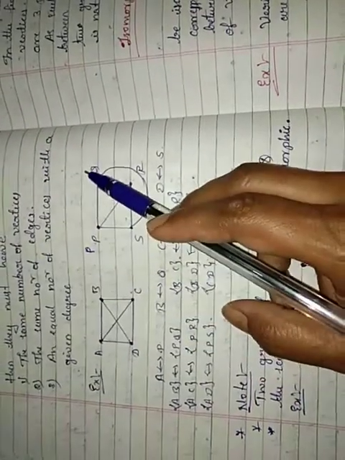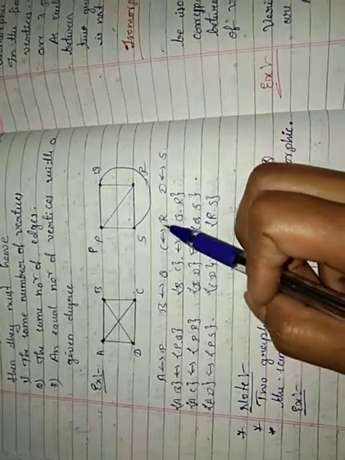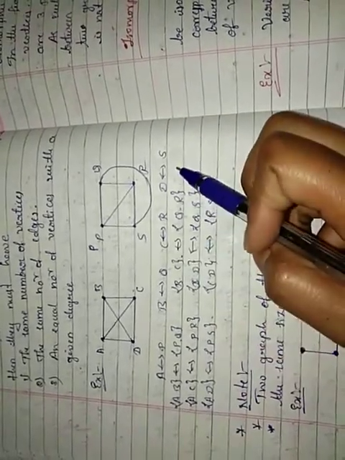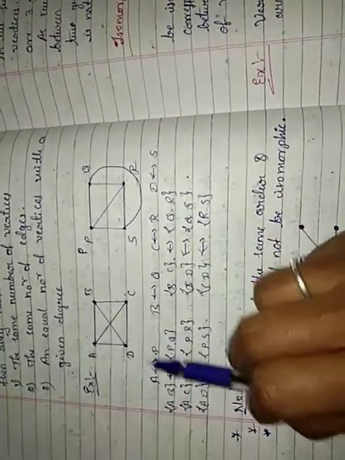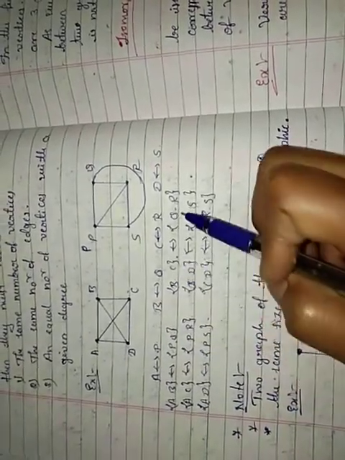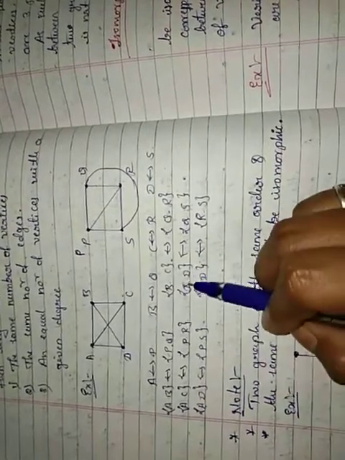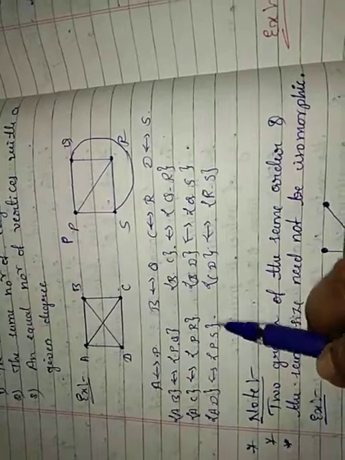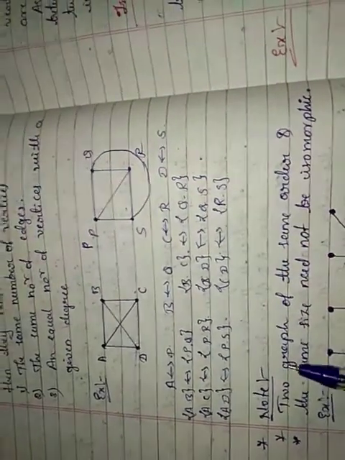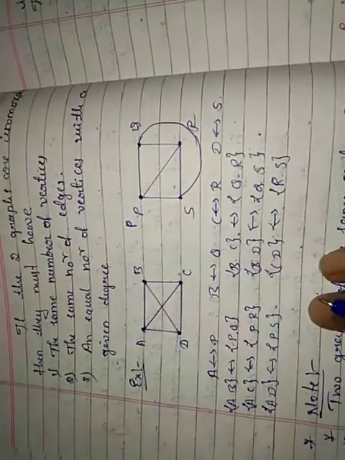B is equivalent to Q, C is equivalent to R, D is equivalent to S. And edges are also equivalent: AB is equivalent to PQ, BC is equivalent to QR, AC is equivalent to PR, DB is equivalent to QS, AD is equivalent to PS and CD is equivalent to RS. That is how to identify that the graphs are isomorphic.